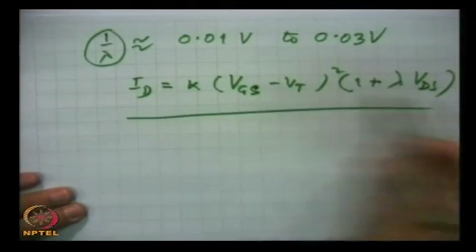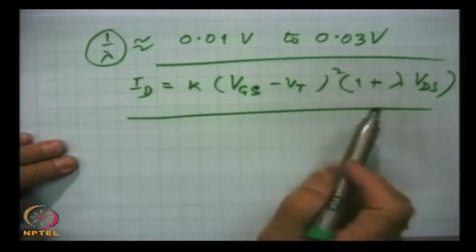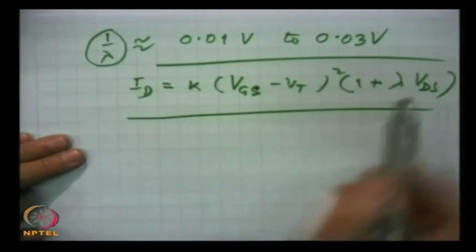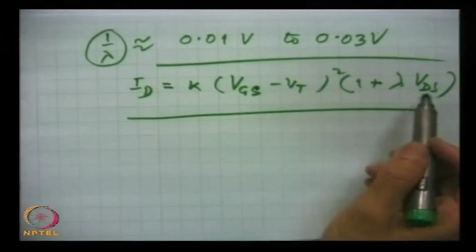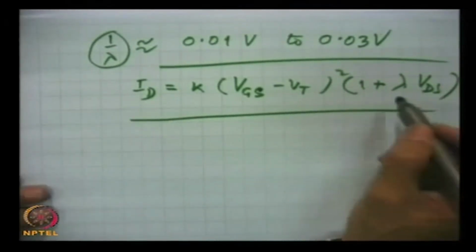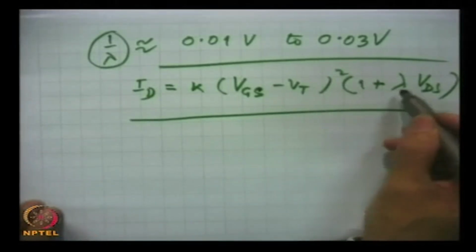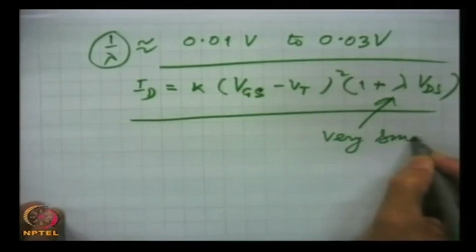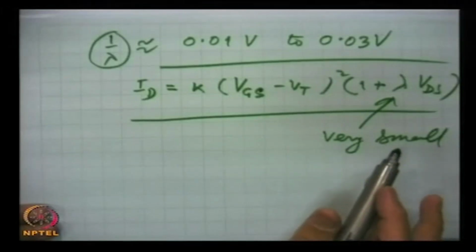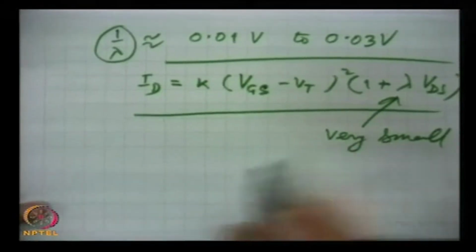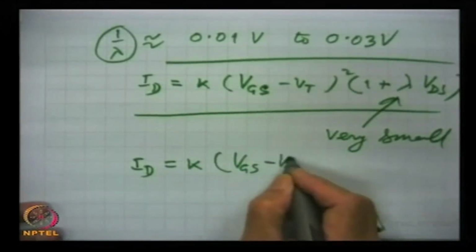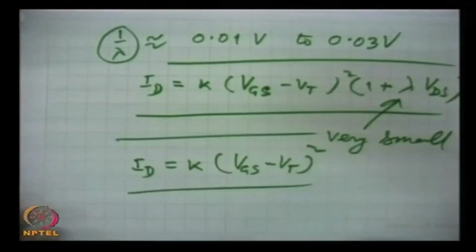This is the more accurate expression, which expresses more accurately the drain current dependence on VDS. Normally, as we have seen, lambda is a very small parameter, so often this effect is neglected, and ID is practically taken as K (VGS minus VT) squared in the saturation region, as we have been using.